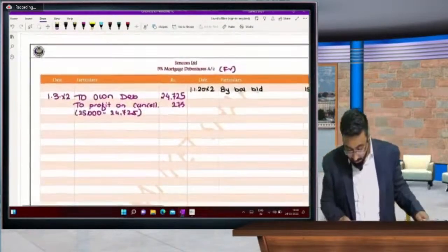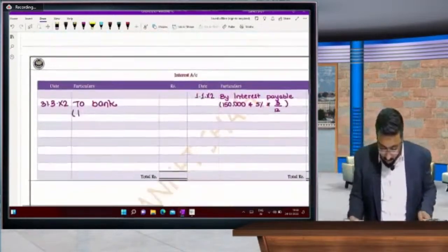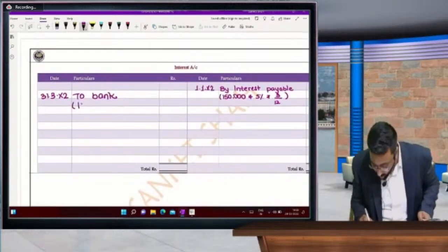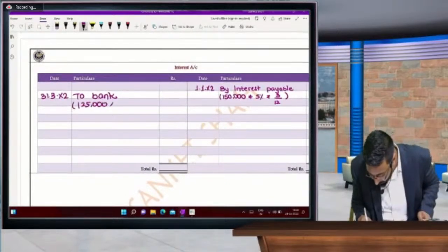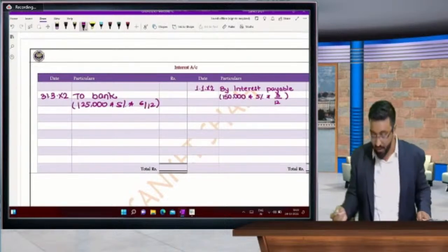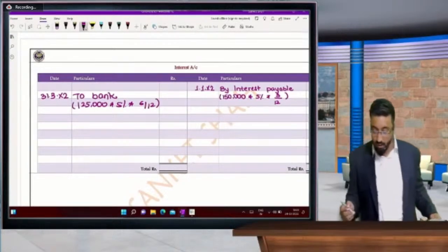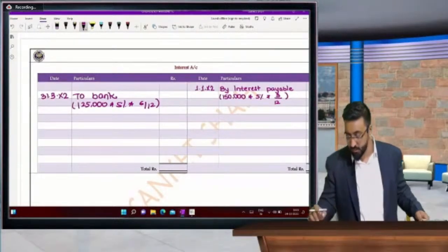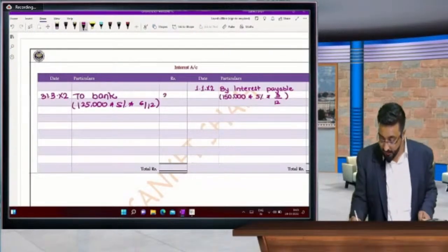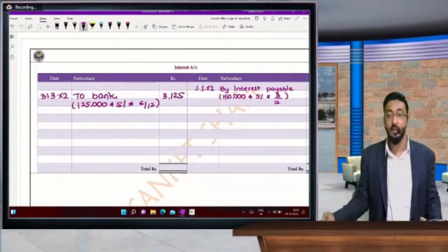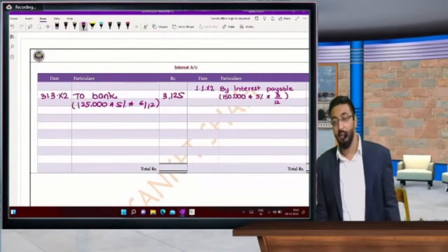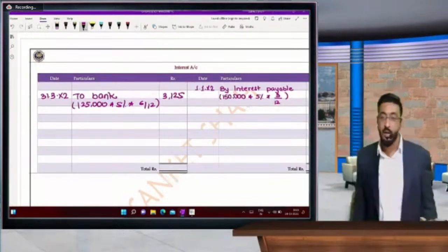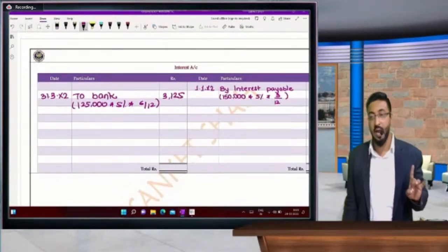See, 150 minus 25, so you are going to pay interest on 1,25,000 into 5% into 6/12. So this is 3,125. I'm not going to write it now. Up to 31st March I have completed.